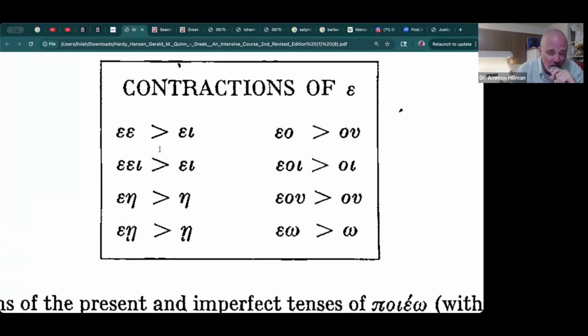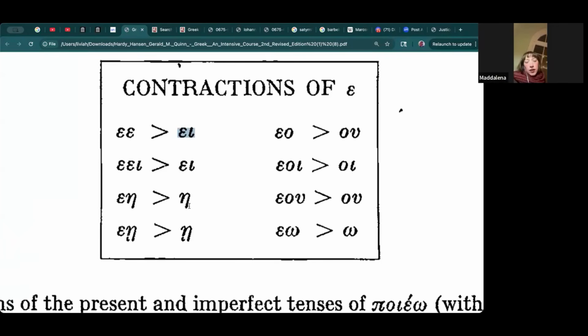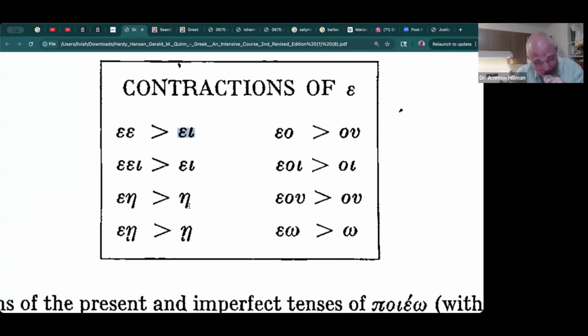That you can't tell the difference. And remember, look at the sounds here. It's epsilon iota plus a, or e a, versus an eta, which we say in English is a. So our English doesn't really distinguish between these sounds, right? So that's our fault. But to the Greek ear, it does.